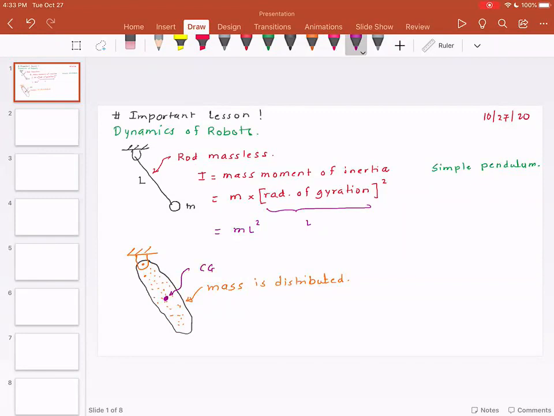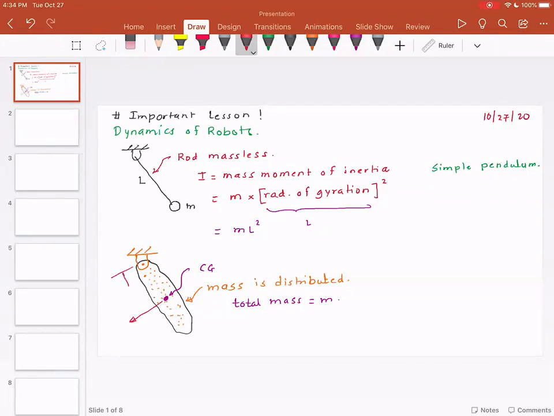The total mass is equal to m, and we assume that total mass to be concentrated at CG. And I'm going to say the distance from CG.